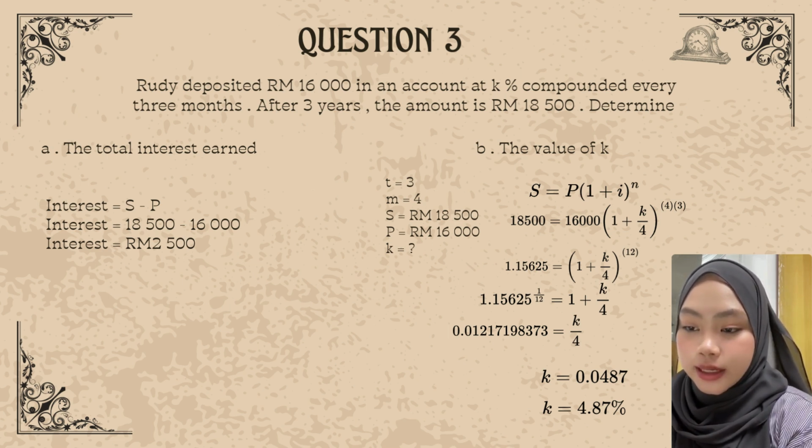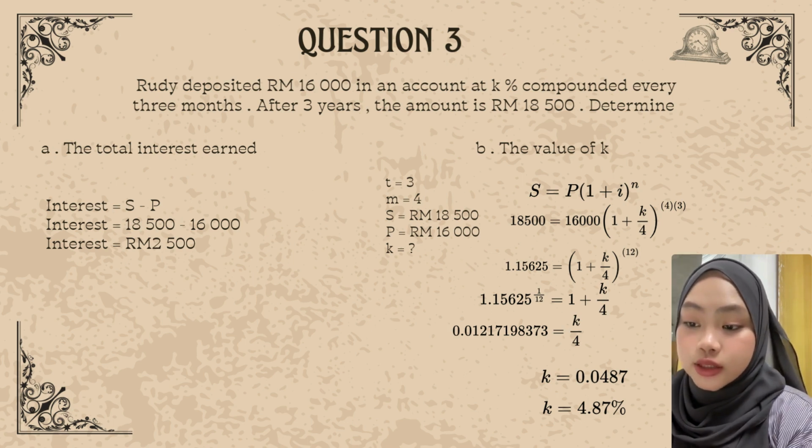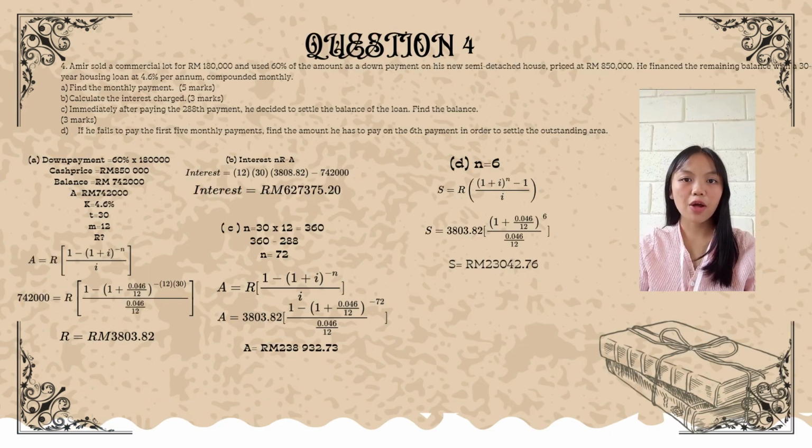Finally, we multiply this value by 4 to solve for k. The result for k is 0.0487. Converting this to a percentage, the annual interest rate is 4.87%.